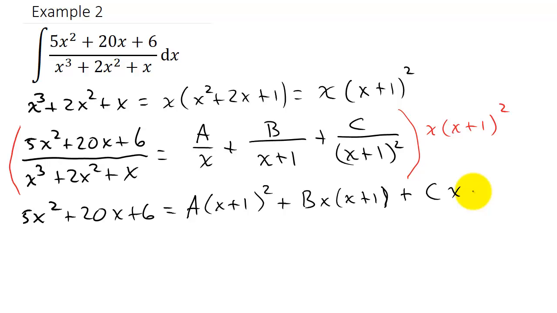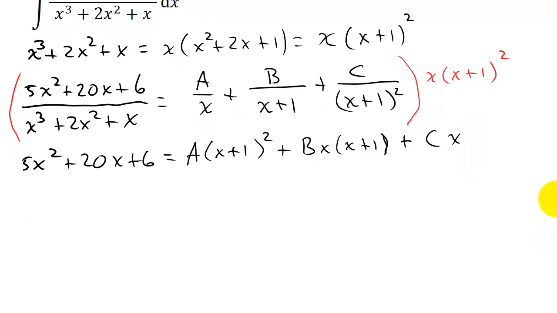Alright, so now what I need to do is figure out what A, B, and C are so I can plug them into here. Alright, so I'm going to let x equal 0.